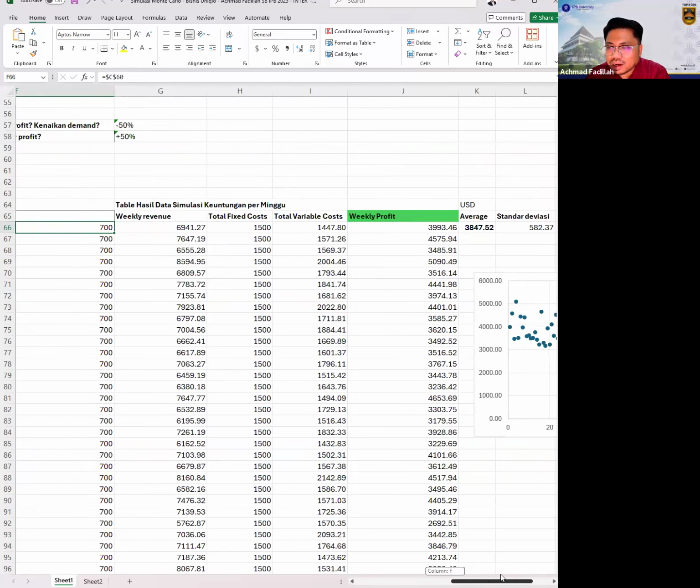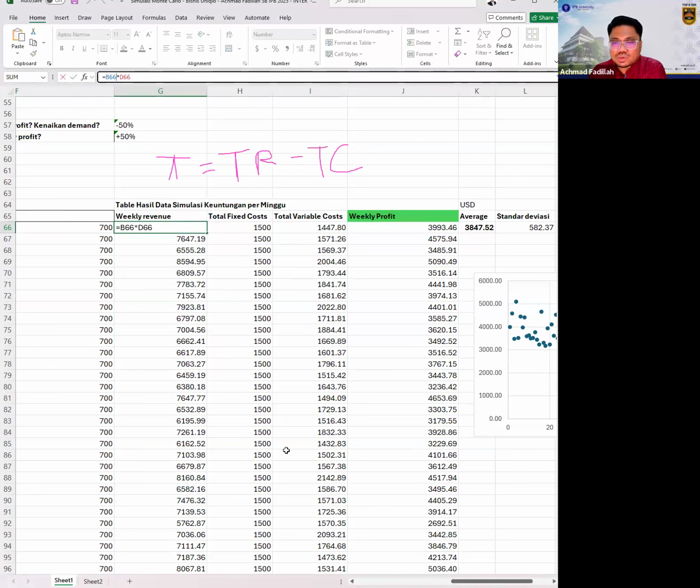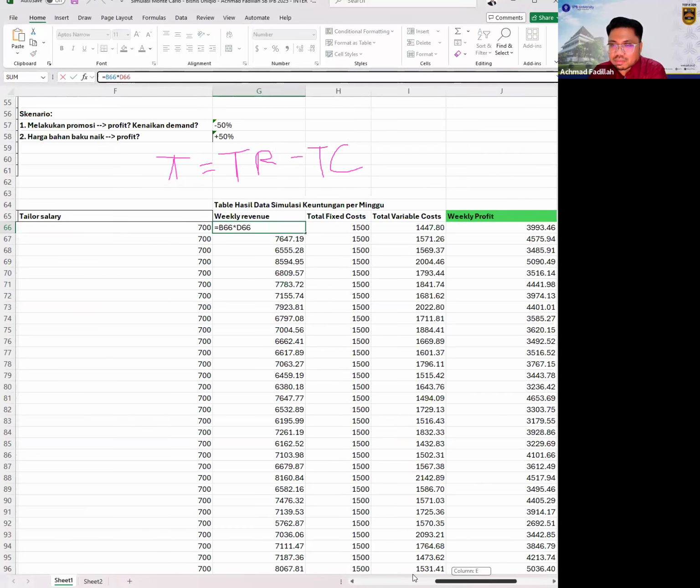Okay, you will understand because this is the constant distribution. And then here we move to the simulation of the profit, like I mentioned about this basic formula about the profit: total revenue minus total cost. Don't forget this basic formula. Now, my calculation here: you still remember the weekly demand times the weekly price.